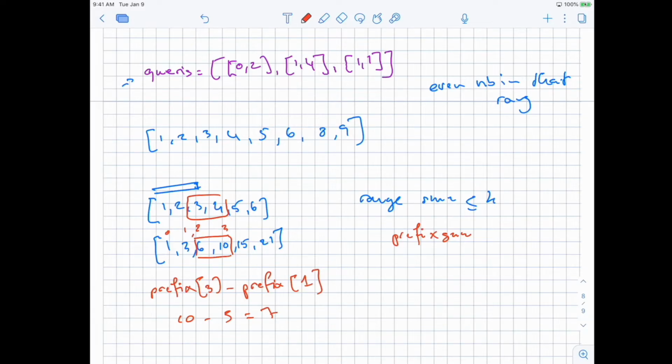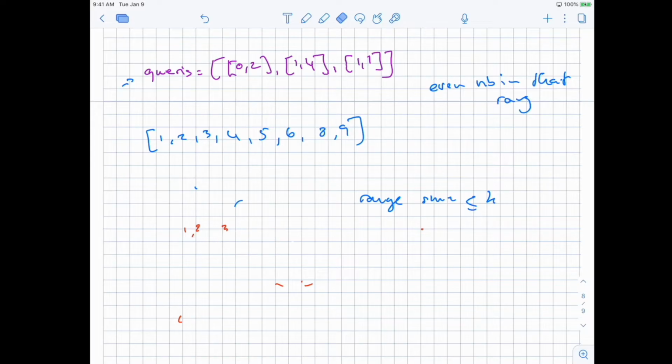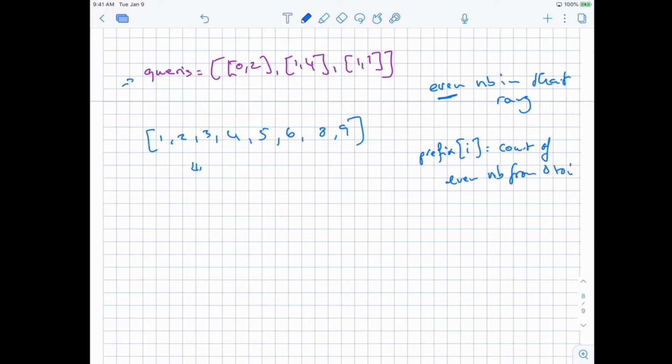Okay, so now let's try to map it to the numbers first, and then from there try to map it to the words. If we want to map it to the numbers, let's create a prefix sum for how many even numbers there are up to I. So prefix of I would be the count of even numbers from 0 to I. Positions, of course.